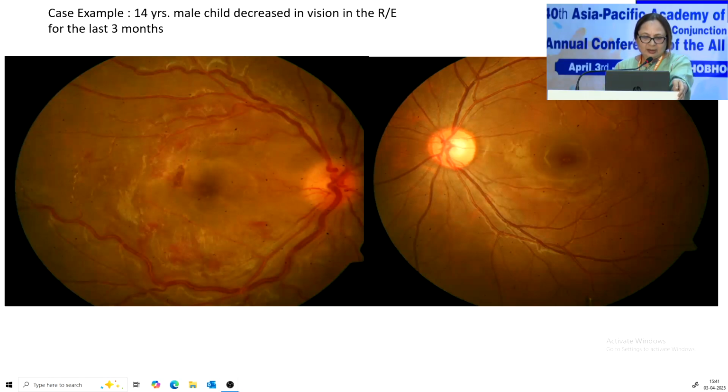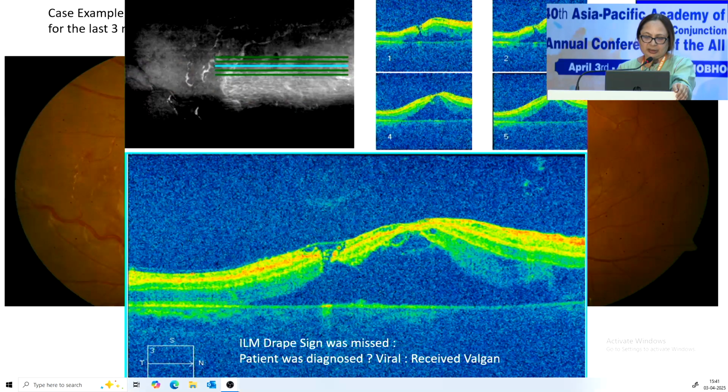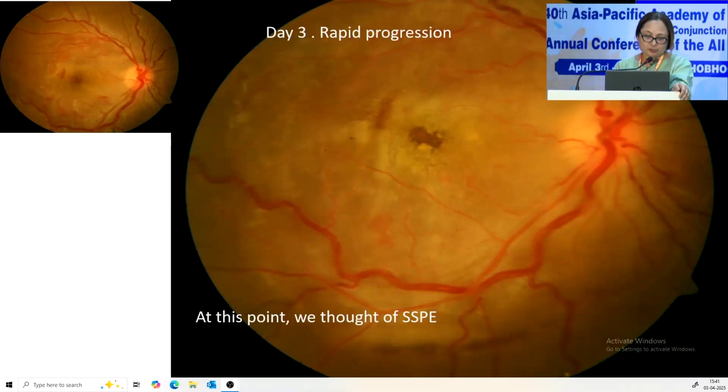You can see there are patches of retinitis as if the retina is being eaten away. And you do OCT, you see this retina is eaten away. Please do not diagnose it as macular edema, because we have had patients diagnosed as cystoid macular edema. But if you see this break and ILM drape, this is viral retinitis, mostly due to measles virus.